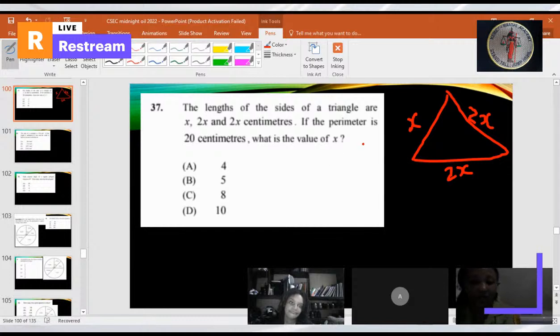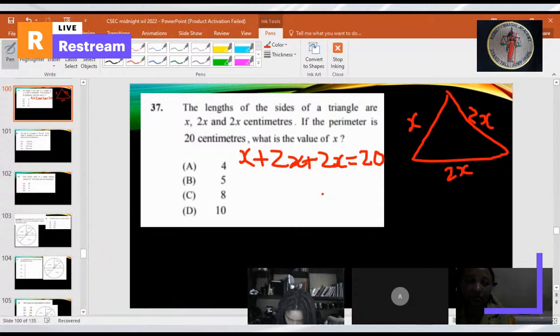All right, and the perimeter is 20. So the equation would be x plus 2x plus 2x equals 20. We know that perimeter stands for distance around, so we add the three sides and make them equal to the perimeter.